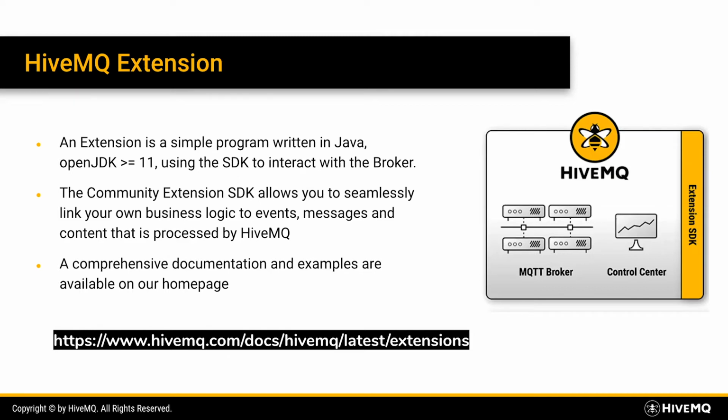In addition to this SDK, we also have very fine-grained documentation and a lot of examples available on our homepage. You can find the documentation here, as described in the link at the bottom of the slide.